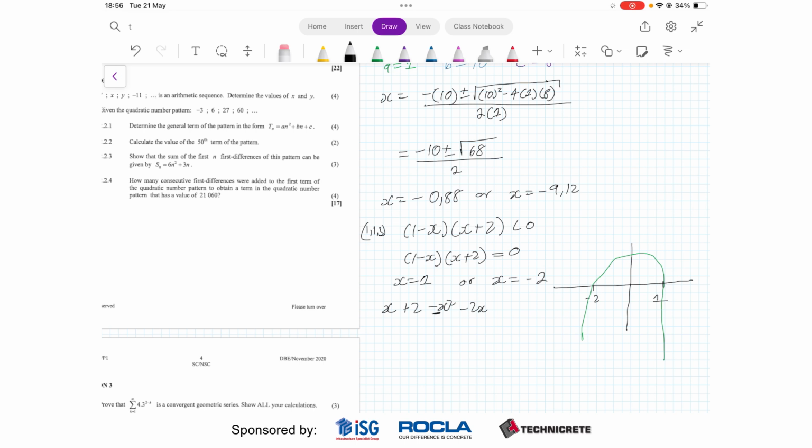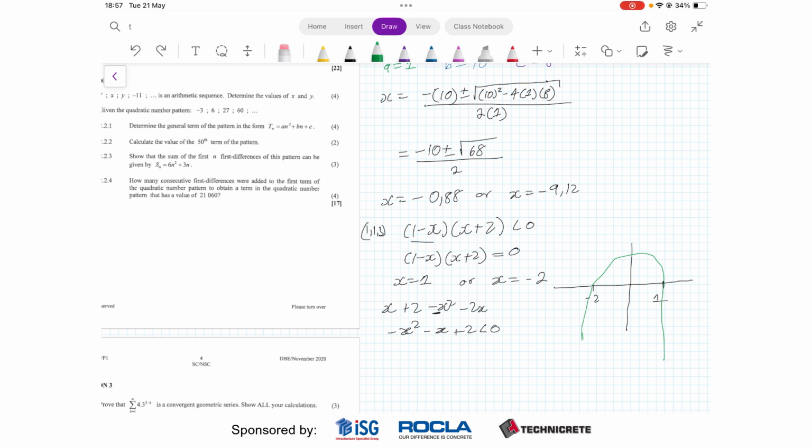So we are looking for values where this whole graph, which when expanded is essentially minus x squared minus x plus 2, is less than 0. We are looking for where the inequality holds.